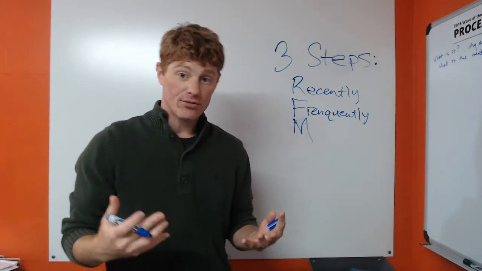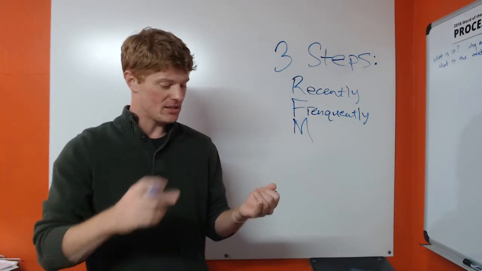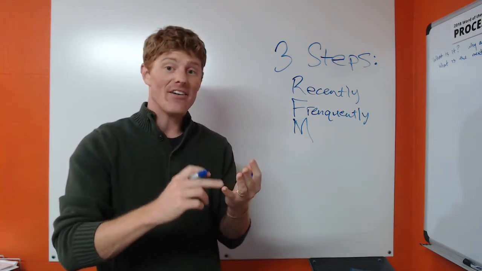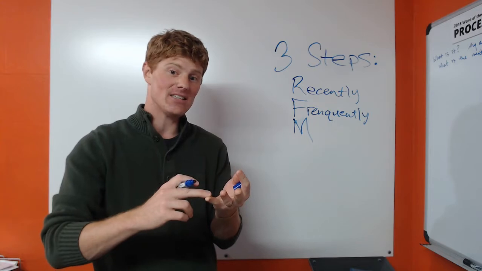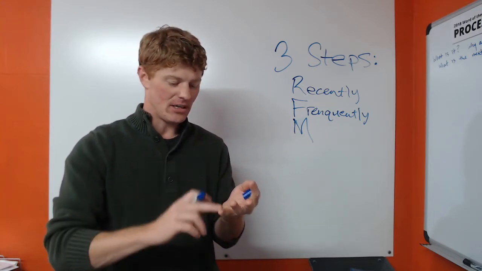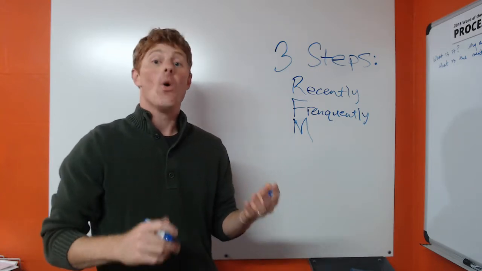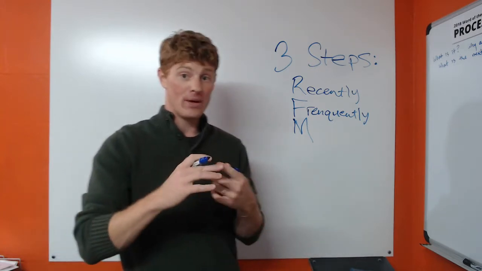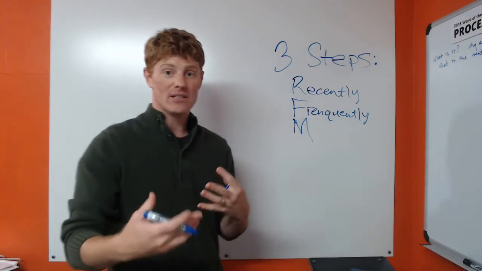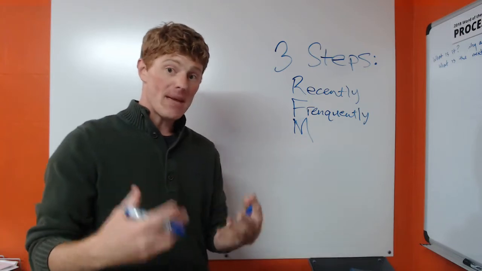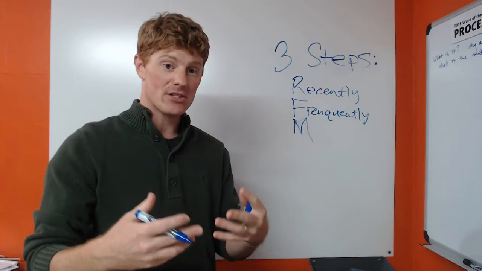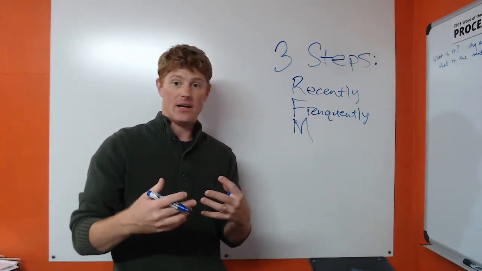And so in the case of donations to nonprofits, if somebody is on this donor list and this donor list and this donor list, and actually they're on the hot list, meaning they've responded in the last 90 days to these various places, and so we know that in the last 90 days they donated to this cause and this cause and this cause, well, in that case, they are both recent and frequent responders to a specific type of appeal. And so that makes it so that they are more than likely going to be someone who responds to a similar offer in the near future.